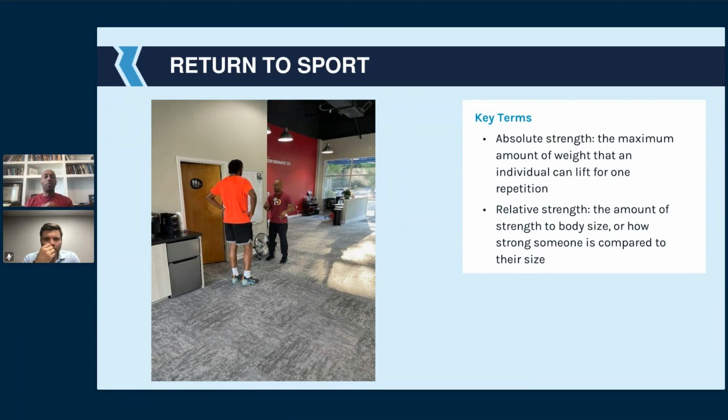But ultimately, you get a chance to see how well they can move according to their body size and weight. There's a calculation, but ultimately, I look at relative strength as strength, motor control, balance, and mobility. That's how I use it, right?